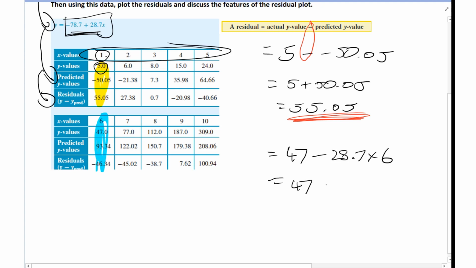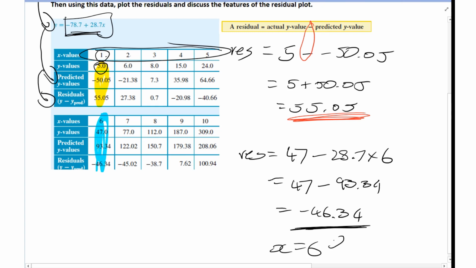That will give you 47 minus 93.34, which will give you minus 46.34 as my residual. So my residual when x equals 6 is that. The residual for there is when x equals 1. That's your answer. That's how you can calculate residuals if you have to calculate the actual value.